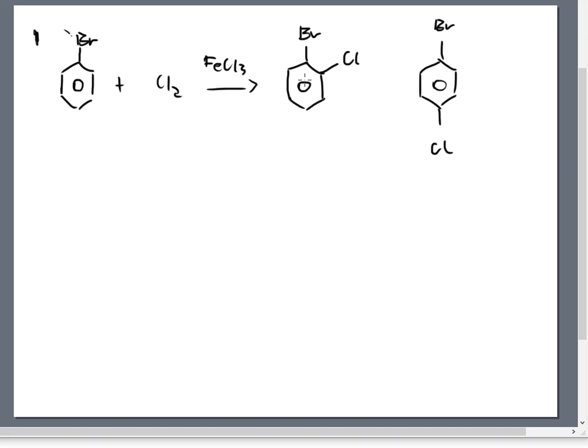With this one, okay, B comes before C, so I could call this a 1-bromo 2-chlorobenzene, all kind of one word. And the one over here to the right, B comes before C again, so it's still a 1-bromo, but this time it's a 4-chlorobenzene.